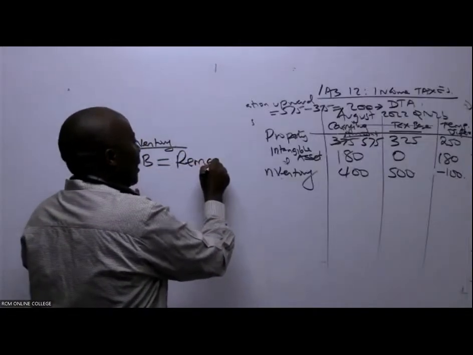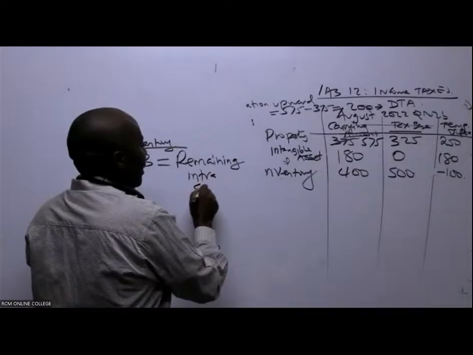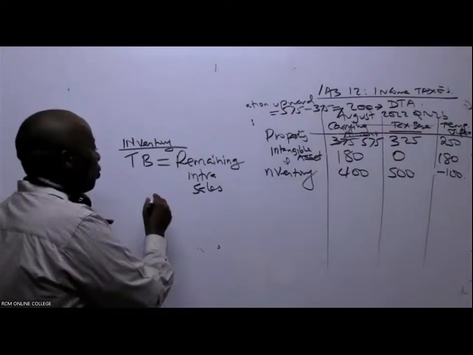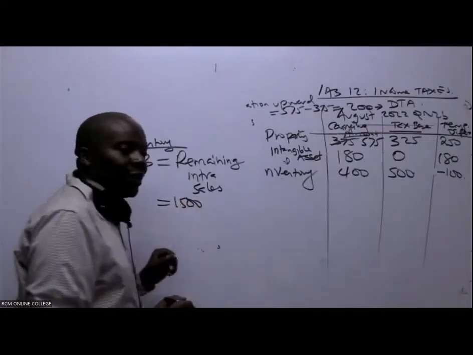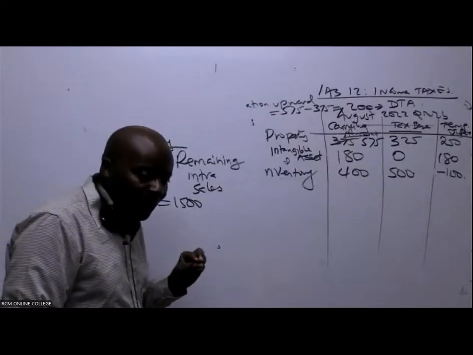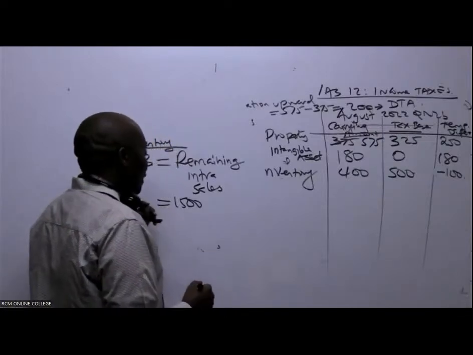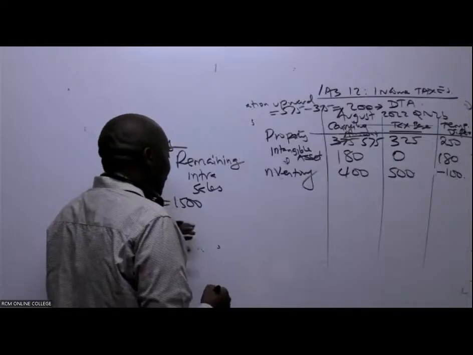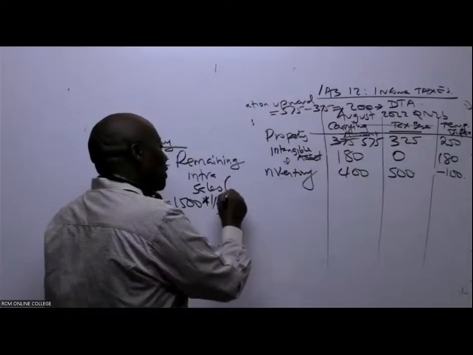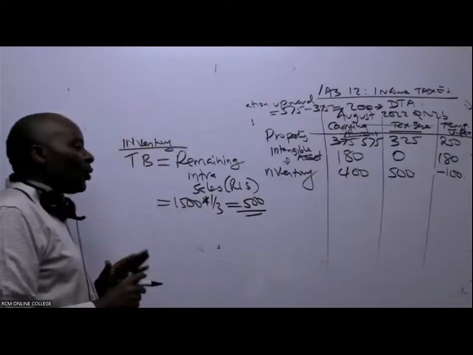So here we sold goods worth how much between ourselves? 1,500. And by the end of the year, the fraction that was remaining was a third. So the remaining intra-sales, which is our REIS, is 500.